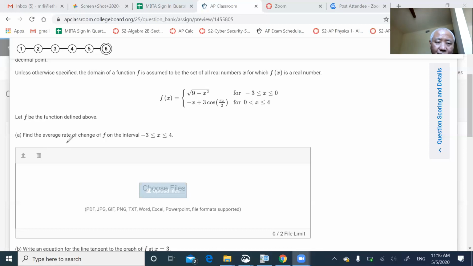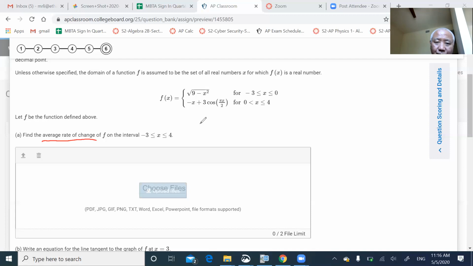Find the average rate of change of f on the interval -3 ≤ x ≤ 4. First, we have to be careful about the meaning of average rate of change.